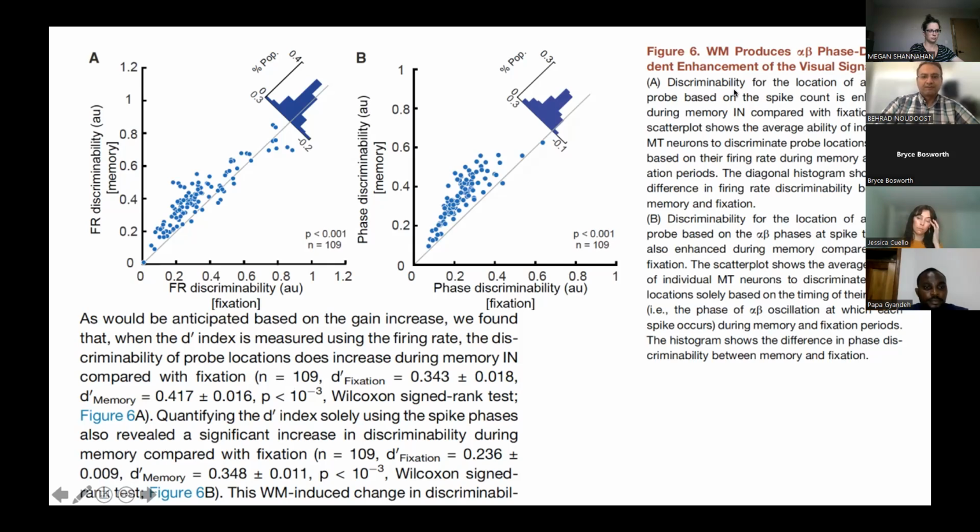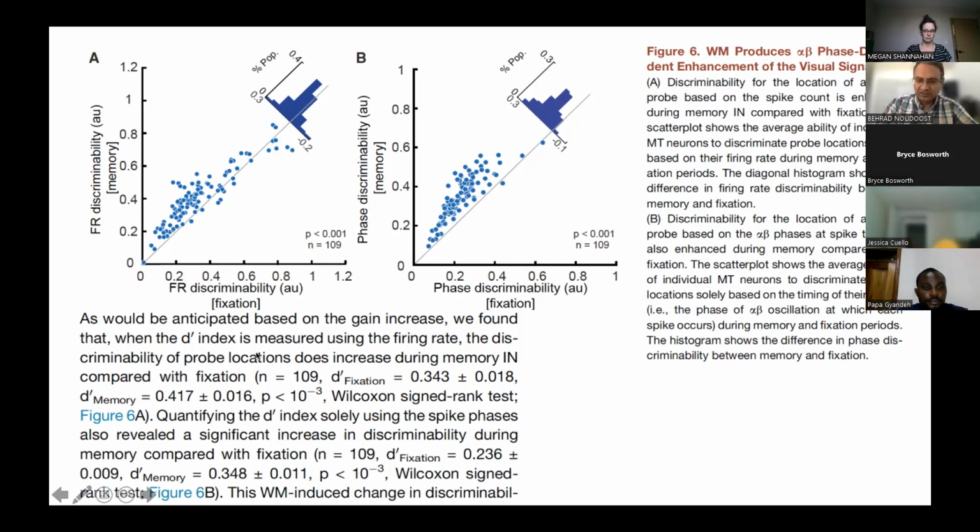So get an idea of how to understand the figure using the caption, and then look at the statistics based on what is mentioned in the results. Usually at the end of the results section, you'll have, okay, therefore this result shows that discriminability during the memory condition is greater than in the fixation condition.